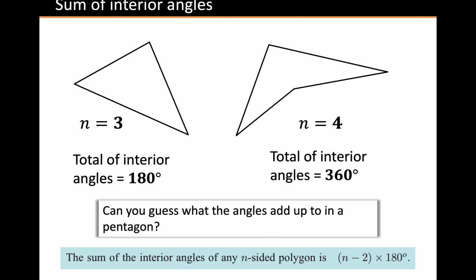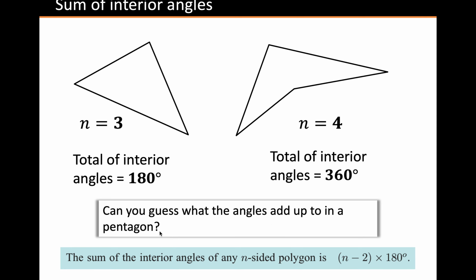All right, the sum of interior angles. We can see here, n equals 3 means 3-sided, or a triangle, and we know the angles in a triangle add to 180 degrees. And 4-sided, we can also call a quadrilateral, n equals 4, the interior sum is 360. If 3-sided is 180 and 4-sided is 360, can you guess what the angles add up to in a pentagon?